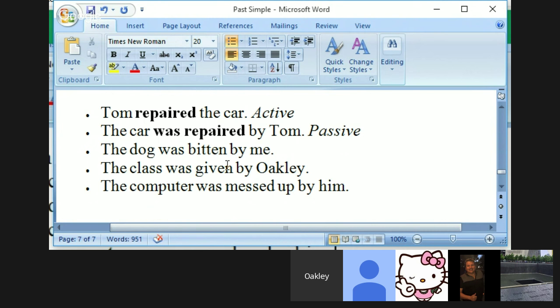It made me pause because messed up can be an adjective, right? Something is messed up. He has messed up hair, like that. It can be an adjective. But it can also be a phrasal verb. So since you're actually including by him, that's okay.